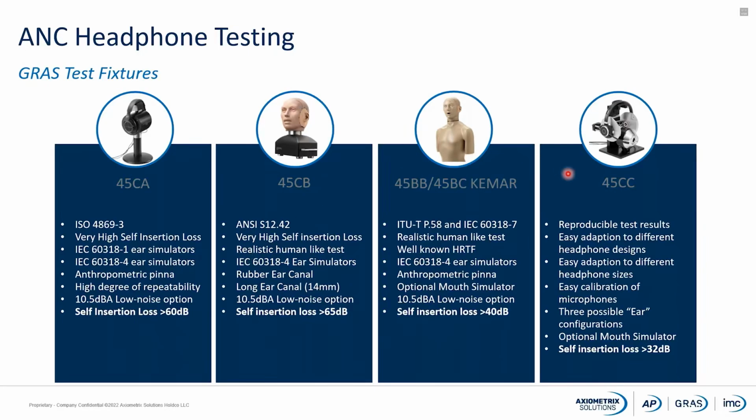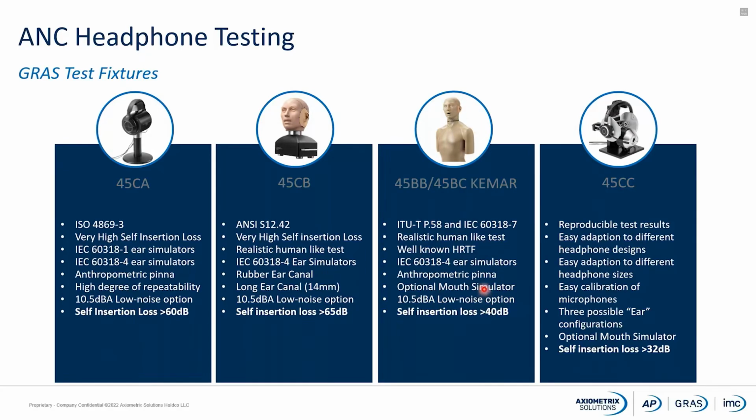Here we have a comparison between different GRAS test fixtures. The 45BB, 45BC KEMAR is the one made according to ITU P58. This one can be equipped with a low noise system if you want to measure ANC circuit noise. The only limitation with such a device is that the self-insertion loss of the fixture itself is around 40 dB.